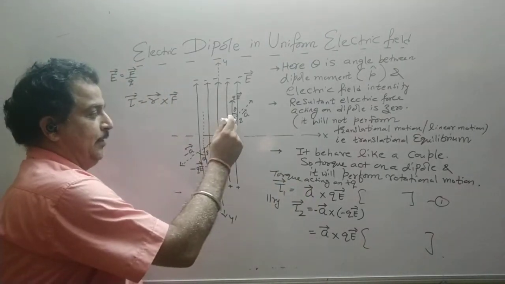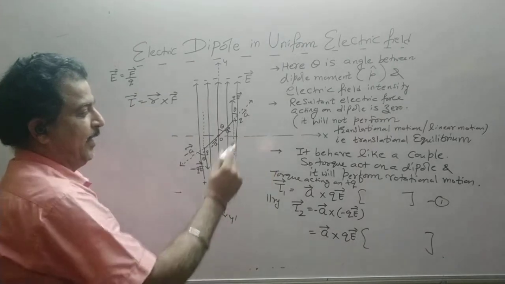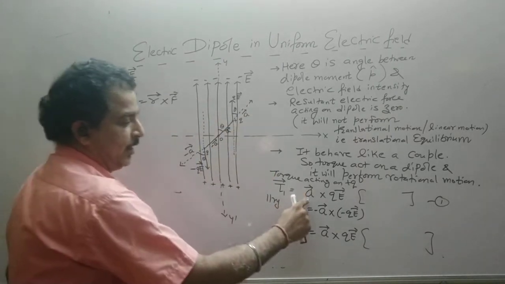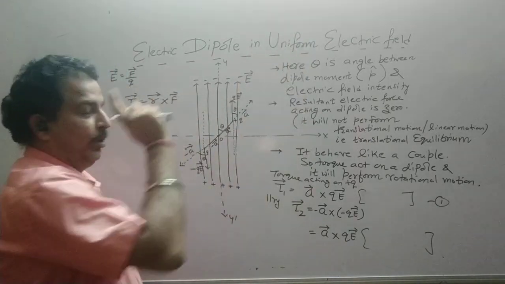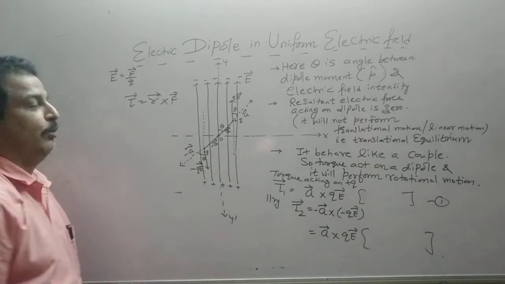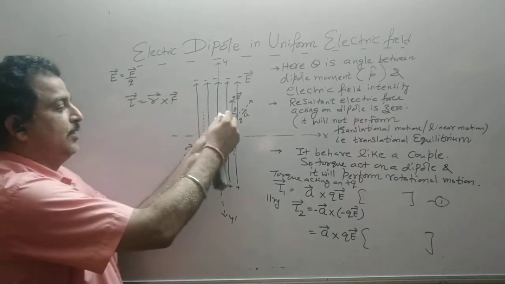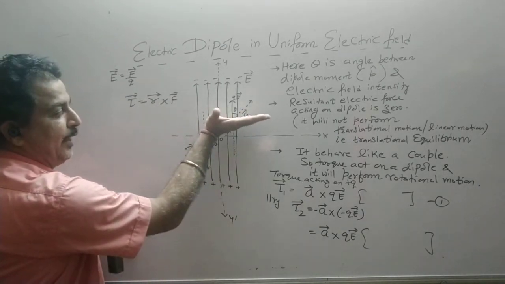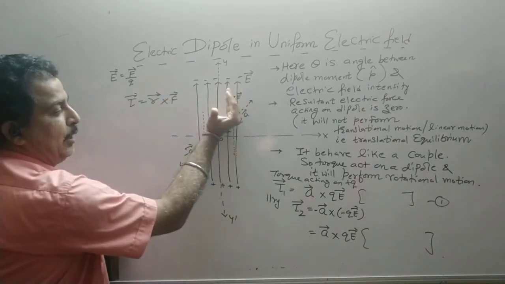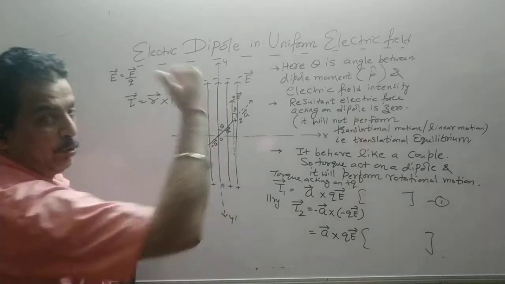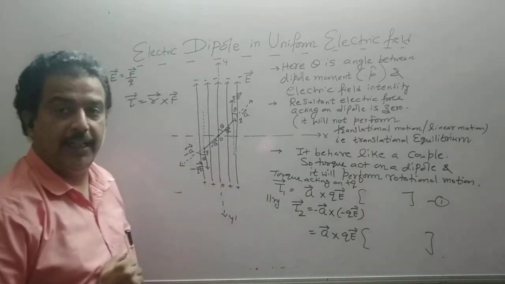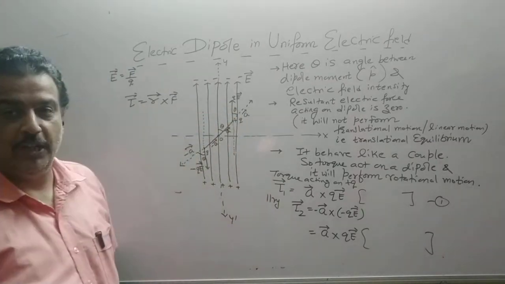So this board is a plane. I keep a screw perpendicular to this plane. Both the vectors are in the plane of the board. So the screw should be kept like that. Now rotate it from R to F, which means I rotate it from A to F. So if I apply the thumb rule, it comes out of the board. So the direction of tau 1 is coming out from the plane of paper.